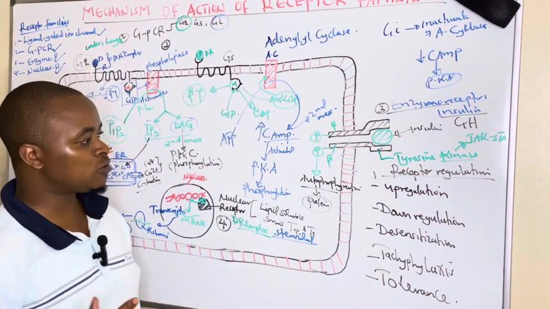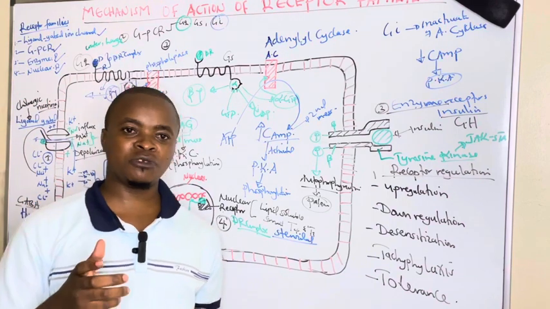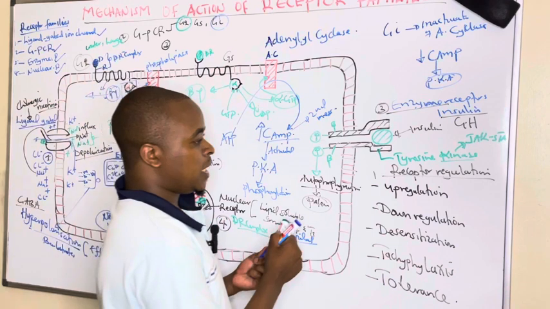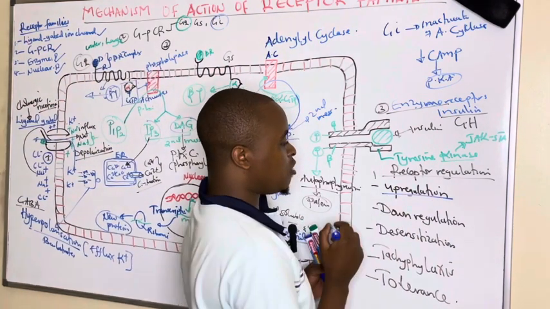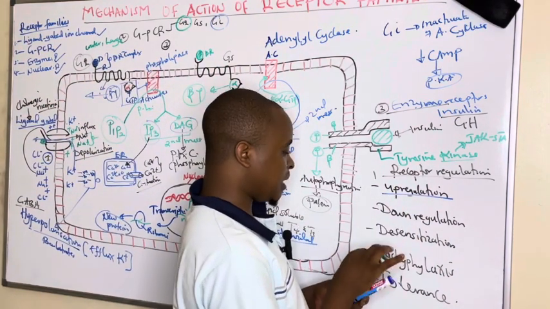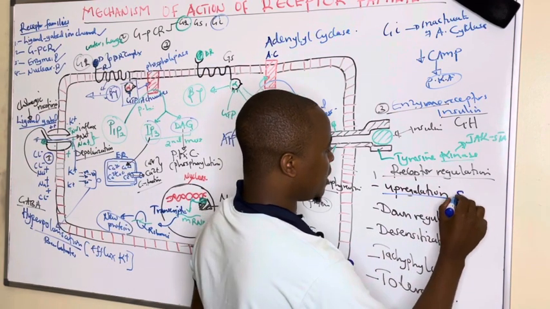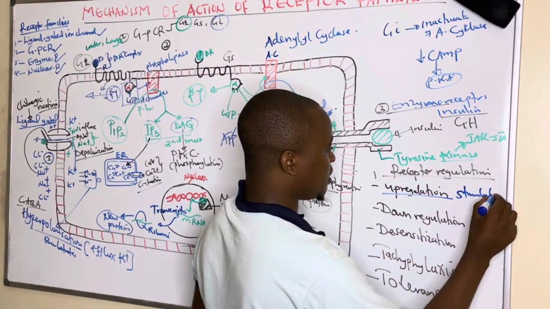And lastly, we want to look at receptor regulations. These receptors can be upregulated. There is what we call upregulation, whereby receptors are formed or stimulated to increase the response.